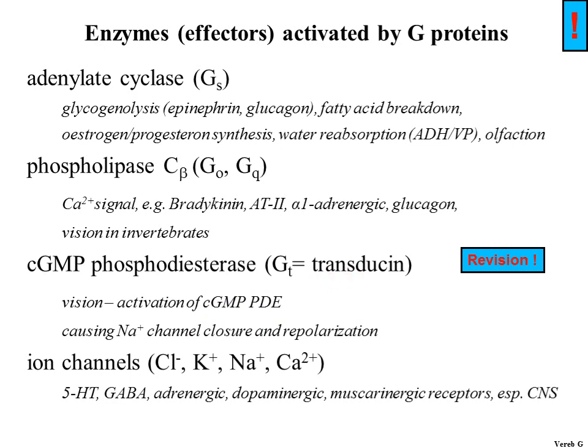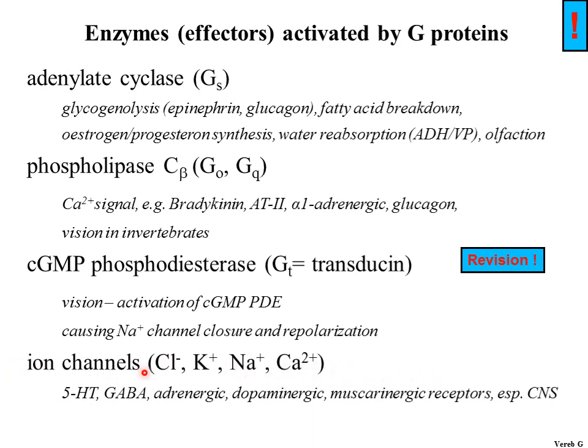And finally, the large group of ion channels that are mostly in the nervous system, the central nervous system especially, are regulated by G proteins.